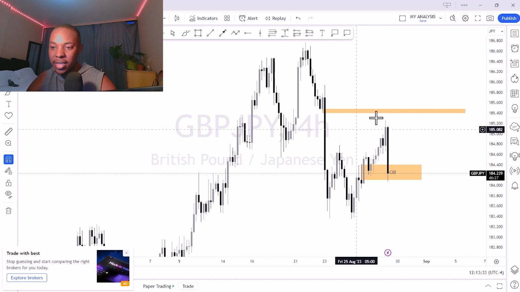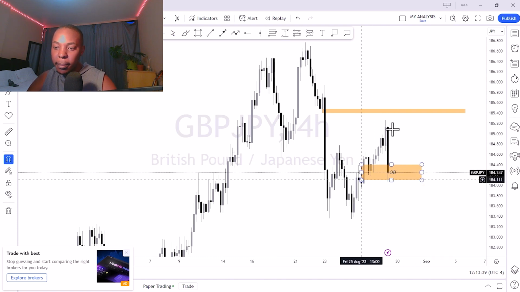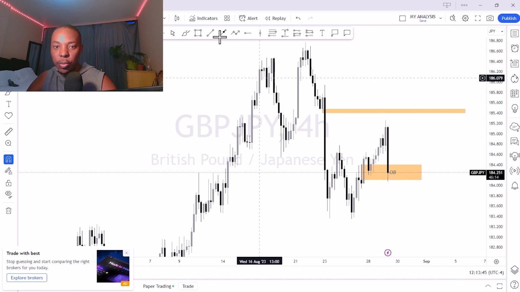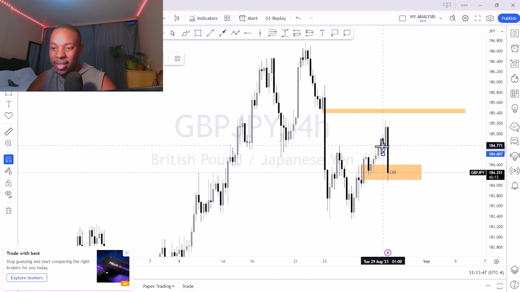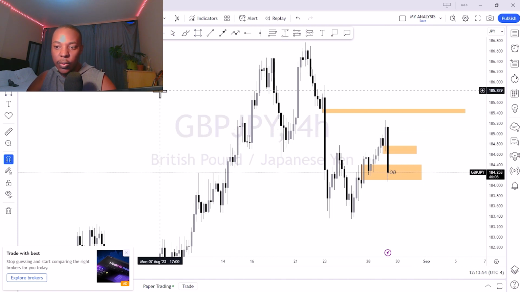So I'm expecting price to actually go back into that order block there, but my TPs are just above this buy side here. And also I'll be watching out, this is where I'll be taking my partials on this order block.